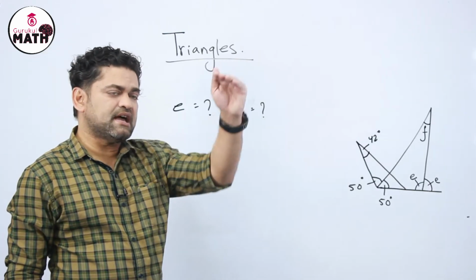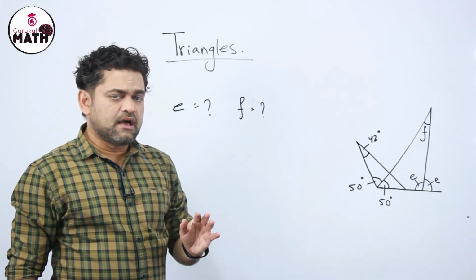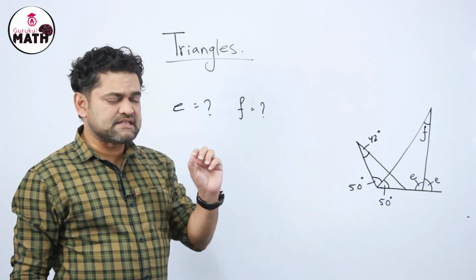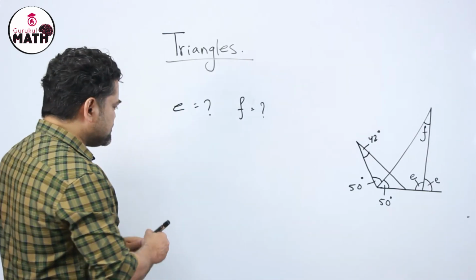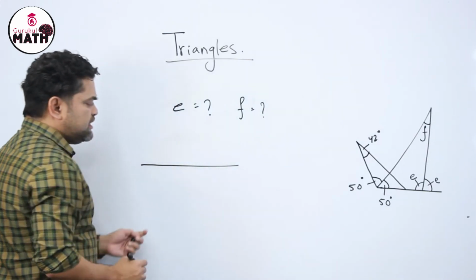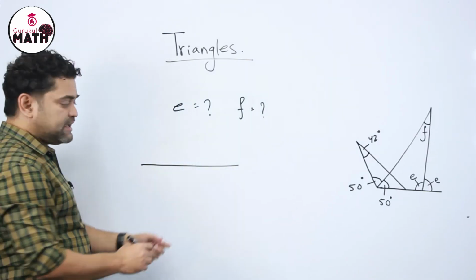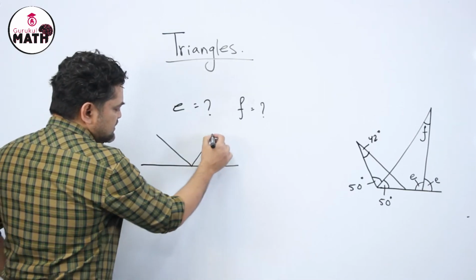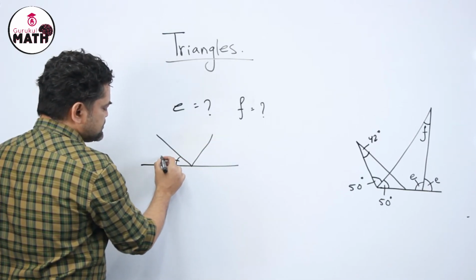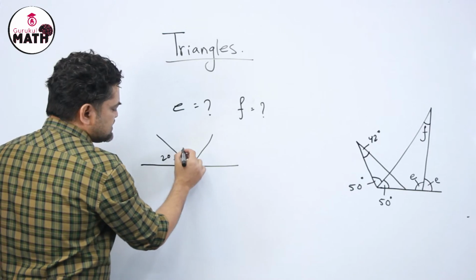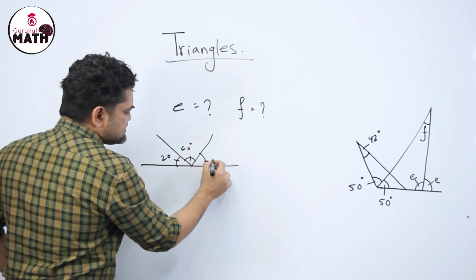For you to be clear, if I draw a straight line and make 3 angles here, suppose this is 20 degree, this is 60 degree, and this is F.